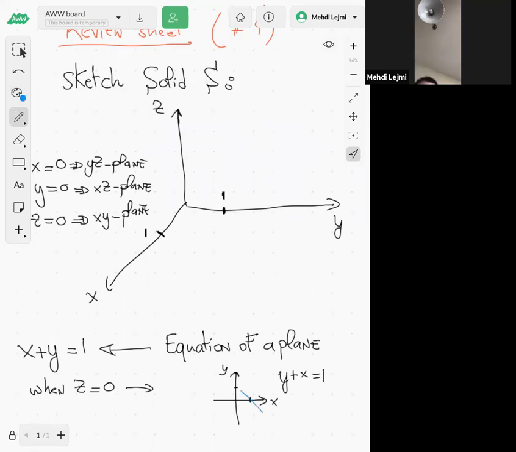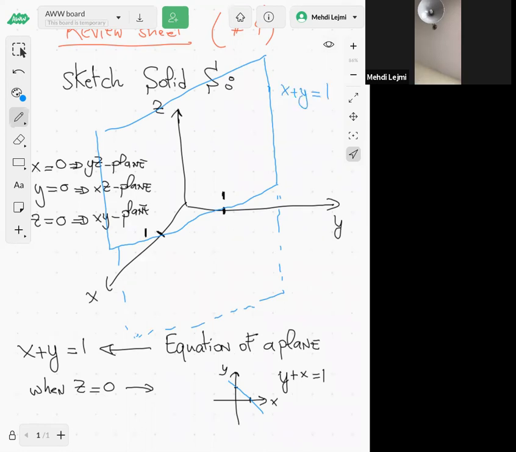When the height Z is 0, you're gonna get this line. But then of course this equation is true for any height Z. Which means that you can go along the Z axis. All right, so that will be the plane X plus Y equals to 1.